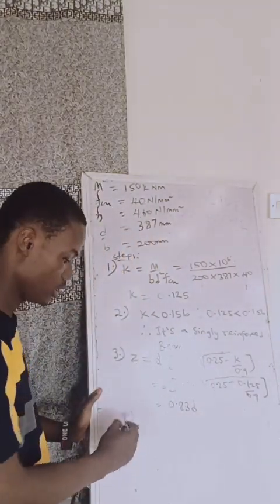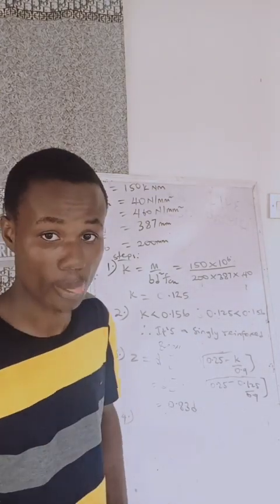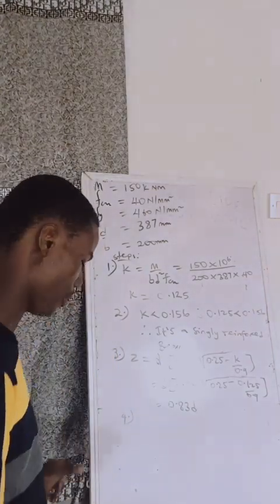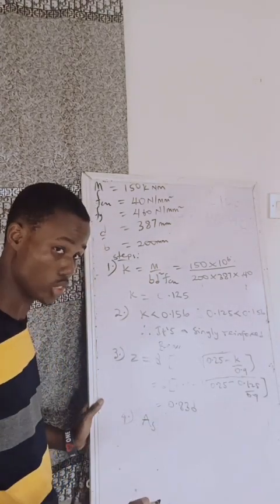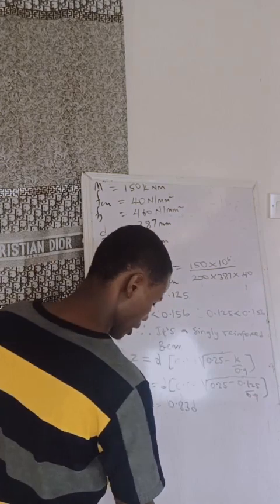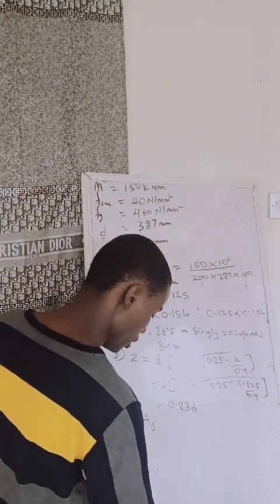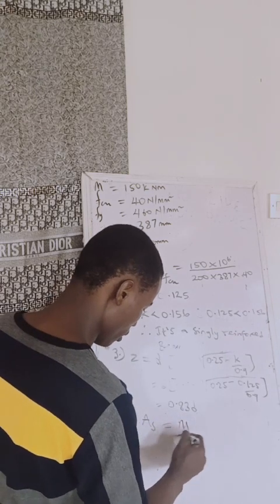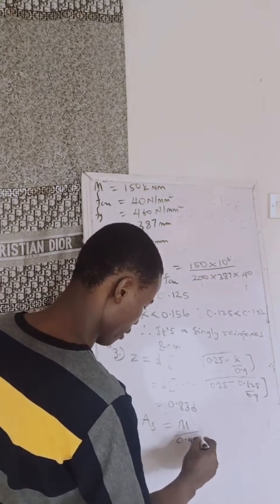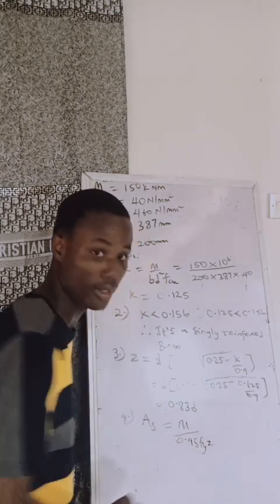So for step 4, we now find our area of reinforcement, which is our As. And to find your As, based on what I gave you earlier, your As is M all over 0.95 FyZ.